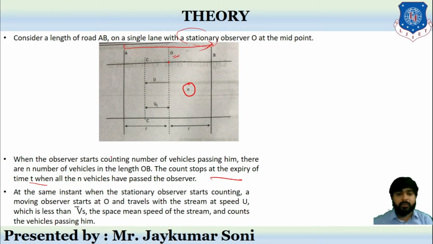also starts at point O and travels with the stream at speed u. See, u is the speed and t is the time. Now this speed u is less than Vs. Vs means space mean speed. We have learned that.